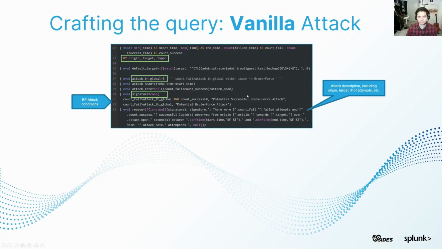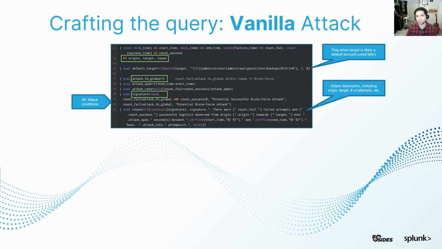One thing that I like to leverage in the detection that I write is the reason field, which is also part of the common information model, which is basically describing why the alert is being fired. So here you have a full description, all the subjects involved in the attack, time frames, all the important metrics, everything is in one place.